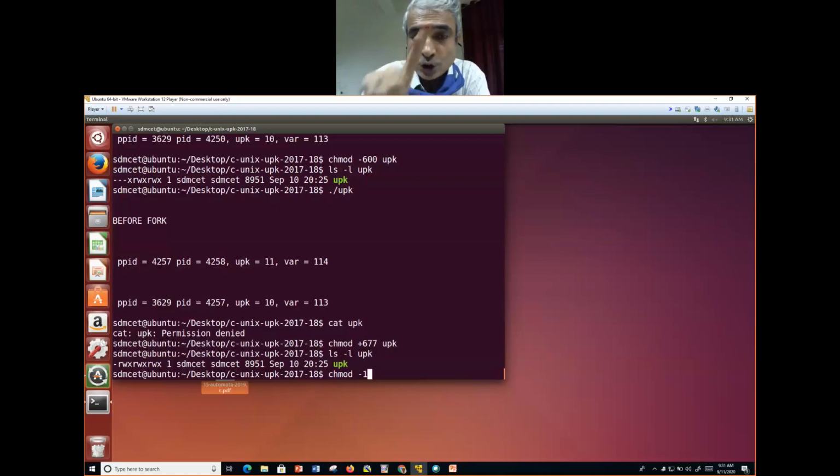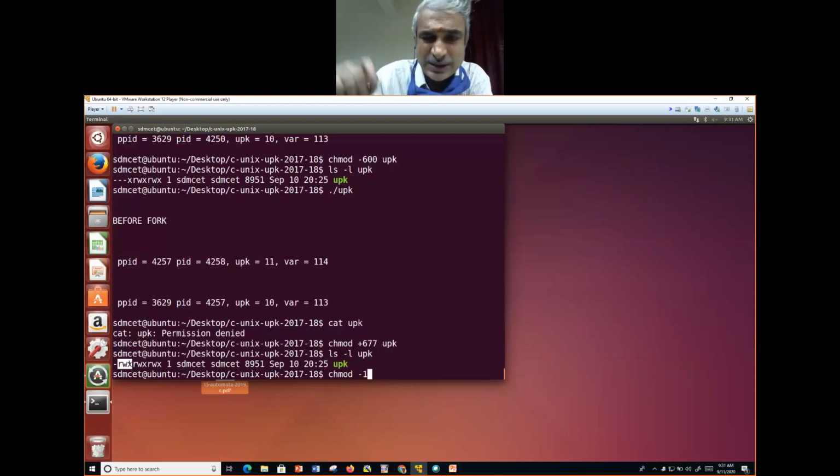1 is in the 4, 2, 1 combination. Here, 4 and 2 I am not touching. First one, R is 4, W is 2, and X is 1, the weightage. So minus is remove. What to remove? 1.